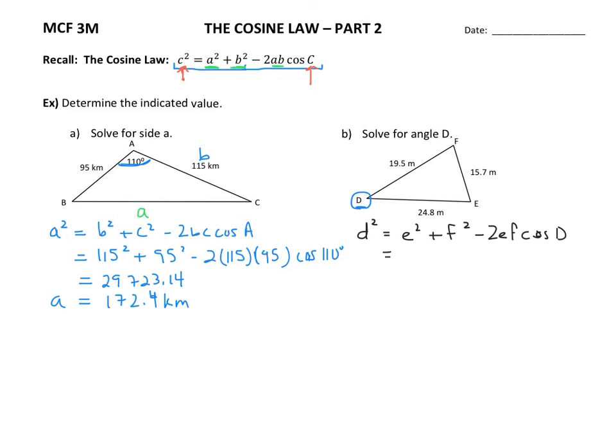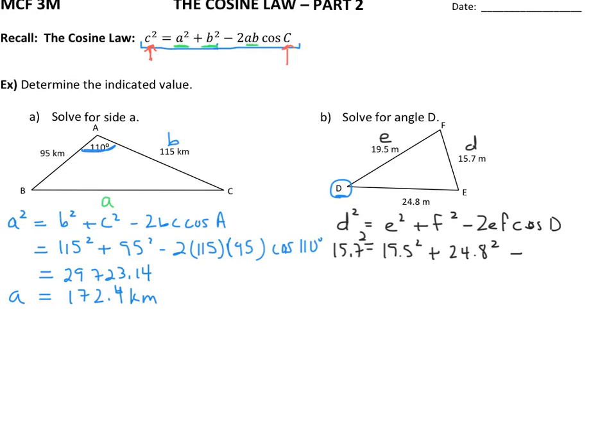So put inside E, which is across from angle E, which will be 19.5 squared plus F is the 24.8 squared minus, I'm going to run out of room here. The other thing I also am putting in this time, which is different, is I actually have side D. So I'm going to put in the 15.7 where we have that D and square that.